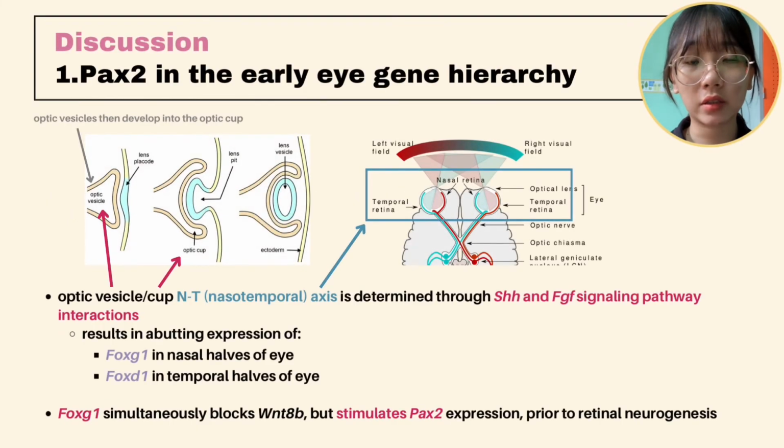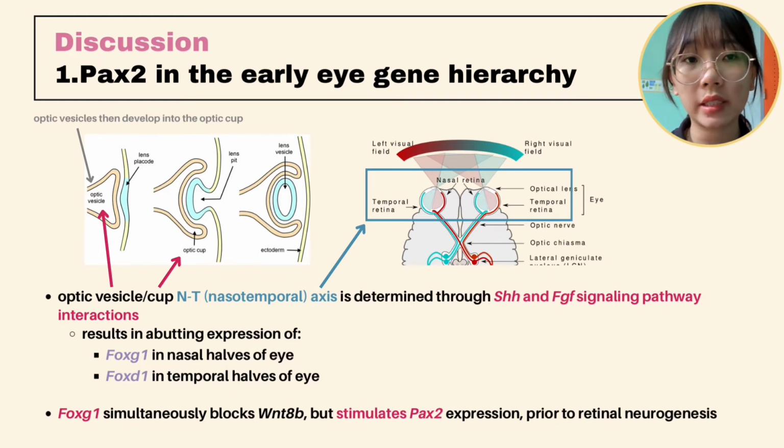The optic vesicle or optic cup NT axis, or nasotemporal axis, is determined through SHH and FGF signaling pathway interactions, and these interactions result in the expression of FOXG1 in nasal halves of the eye and FOXD1 in temporal halves of the eye. We can see from the picture, nasal is the inner part and temporal is the outer part.